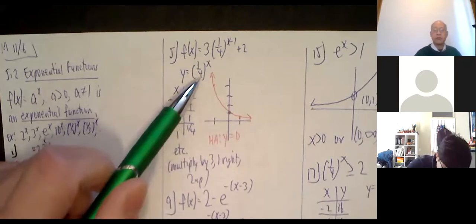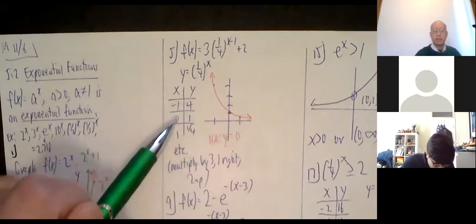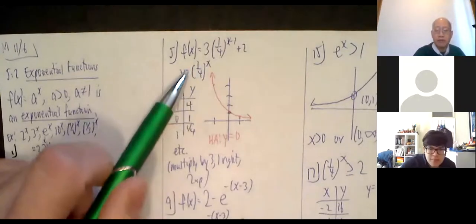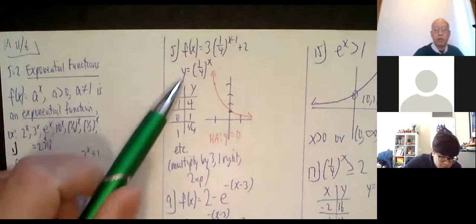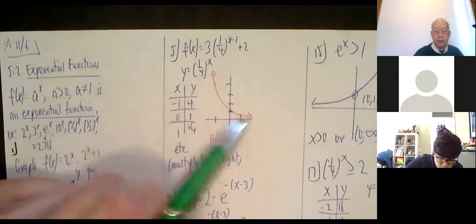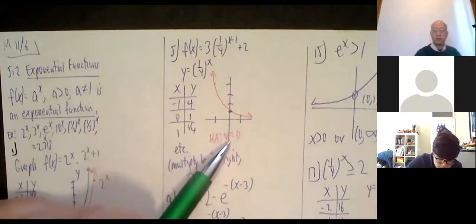Plug in 1, 1/4 to the 1 is 1/4, so that's down here somewhere. -1: 1/4 to the -1 means you flip the fraction, so 1/4 becomes 4/1 raised to the +1. That gives me 4. So it drops something like this. You have a horizontal asymptote at y equals 0.